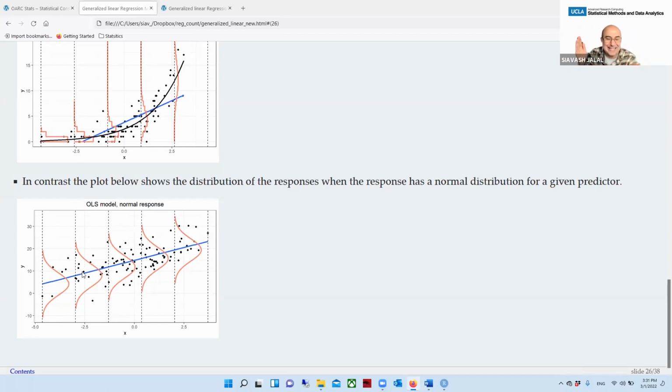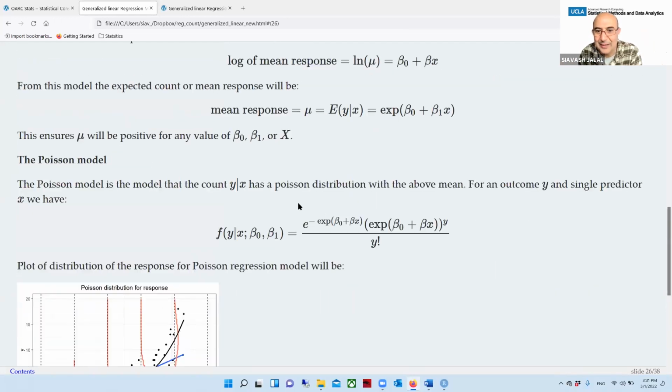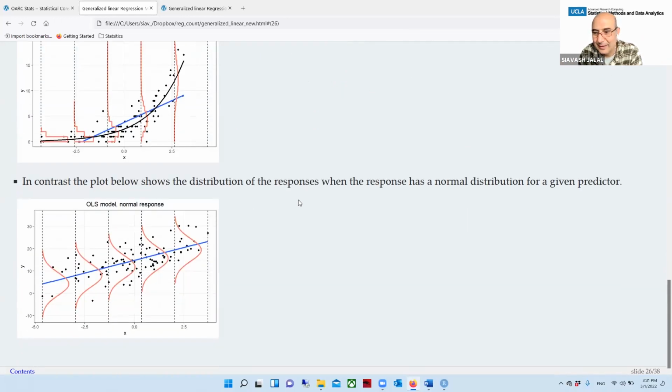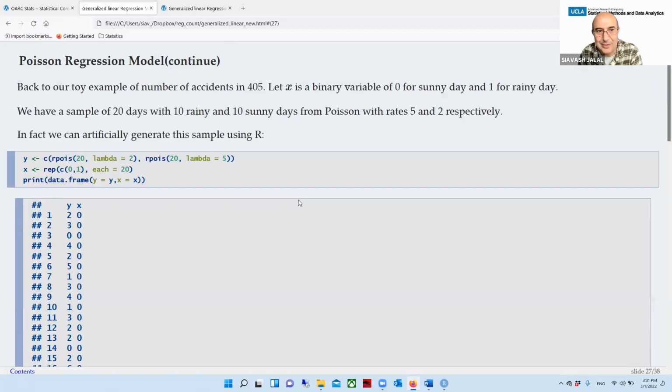And then the variance of y is equal to the variance of that epsilon. This is the linear OLS model. Now you can see the difference between the generalized model and the linear model more clearly. Any question? No question? Okay.